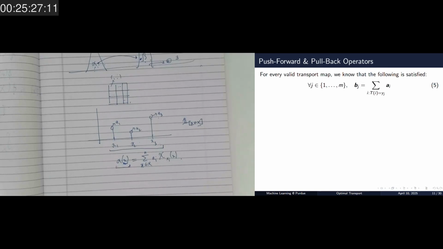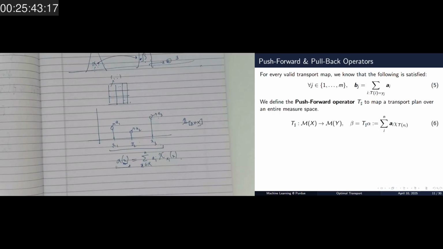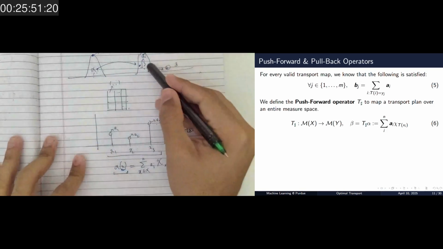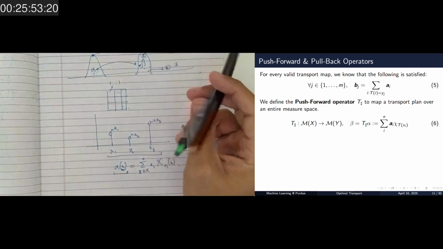For every mass b sub j in y, we sum up all of the masses present in the input that transport to point y sub j, and that becomes our resultant target mass. And the push forward operator is basically one way of transporting the entire measure space alpha to measure space beta in one fell swoop.